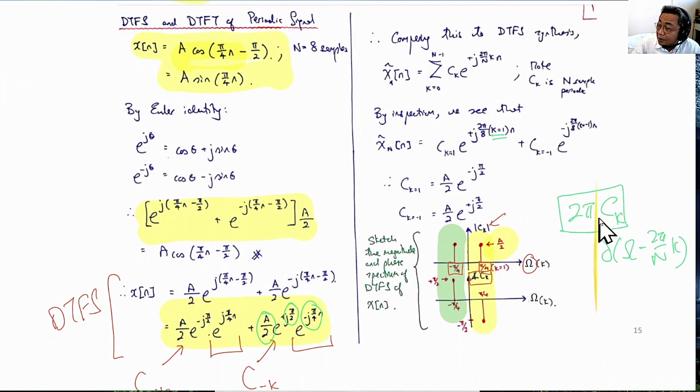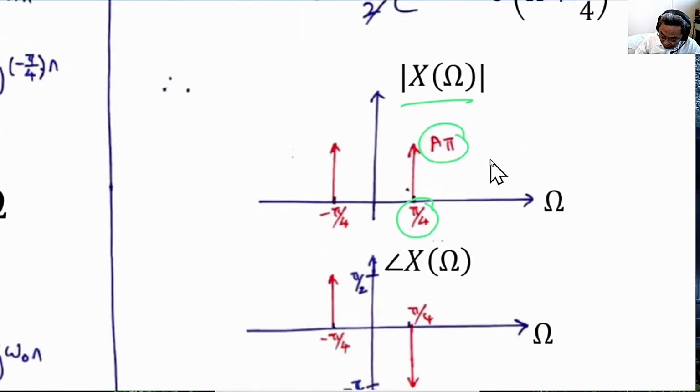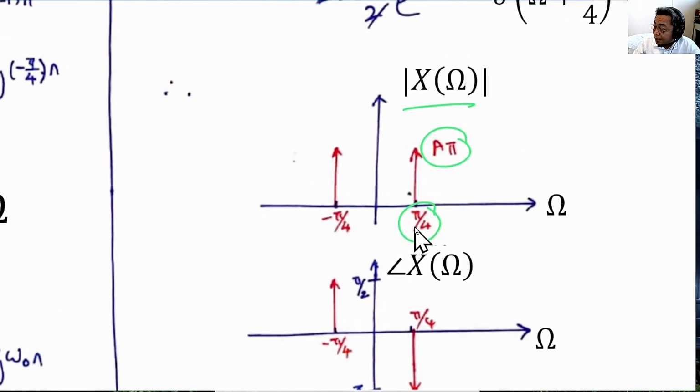When we multiply by a real number, we're only changing the magnitude and not the phase. So 2 pi times A over 2 becomes A over 2 times 2 pi, which is A times pi. So in the next slide, you'll realize that for this magnitude plot, the value becomes A times pi at the same angular frequency, which is at pi over 4.